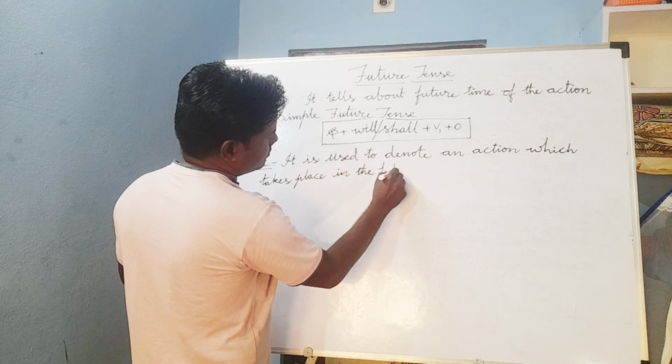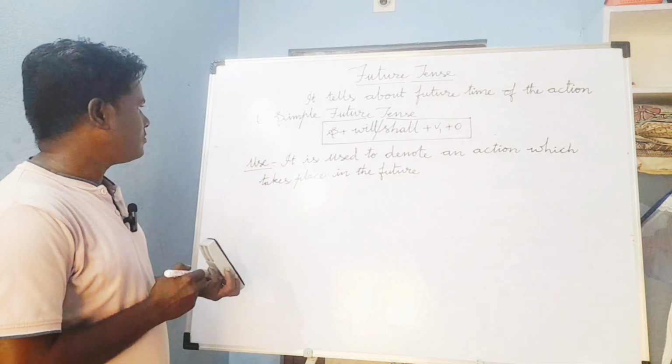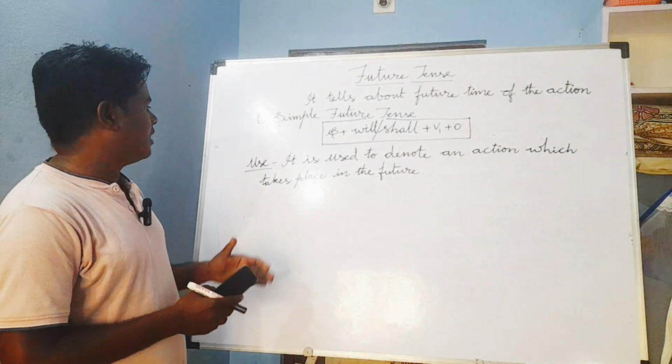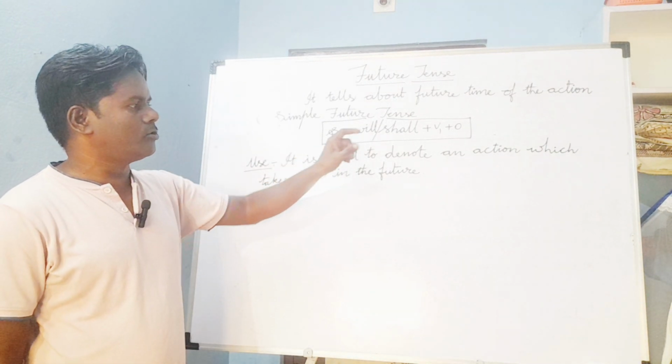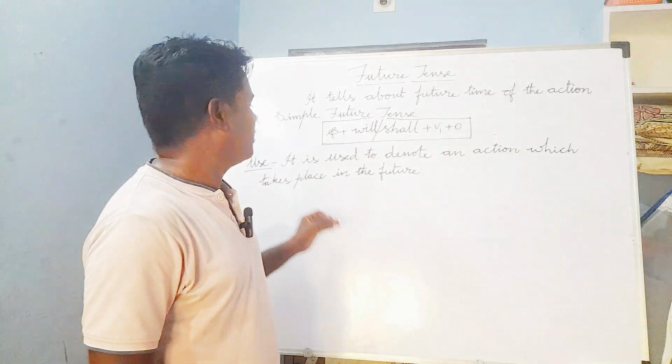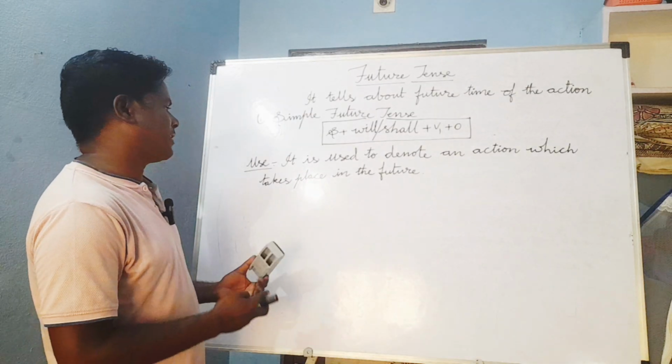Here the use of simple future tense is it is used to denote an action which takes place in the future. Future tense is what tells about actions that happen in the future.